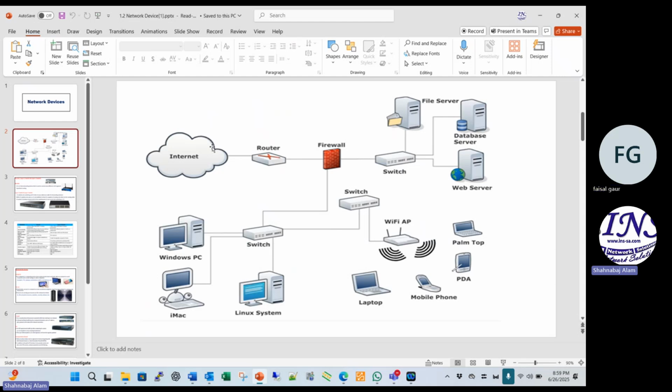We only need to buy, suppose, one modem or two modems, depending on your network infrastructure. It means how many modems the network lines require. You can buy Airtel, Jio, or Reliance.